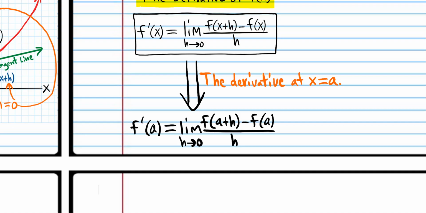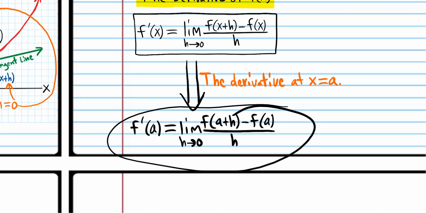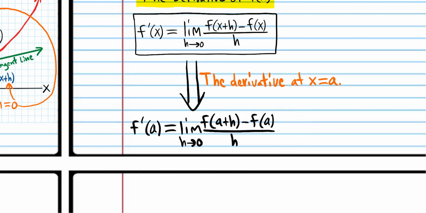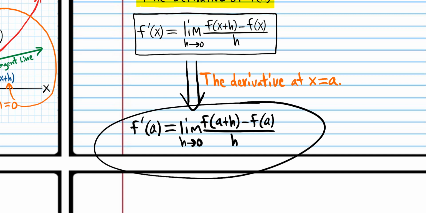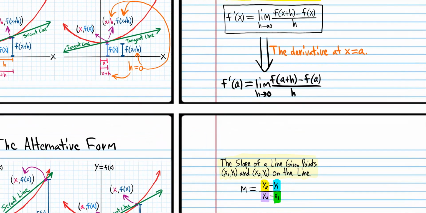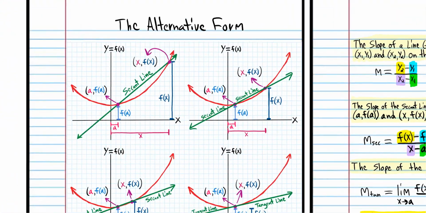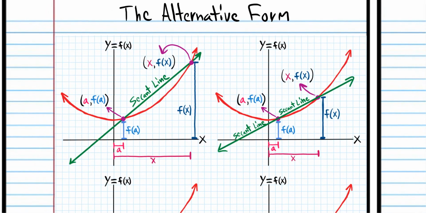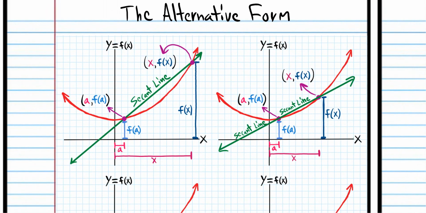But it turns out that we can come up with a different form of the definition of the derivative if we're trying to find the derivative of a function at a specific x value. We have this form here, which we're going to see, and we're going to use, but we can come up with a different form that you're going to see also. So let's figure out where that form comes from.